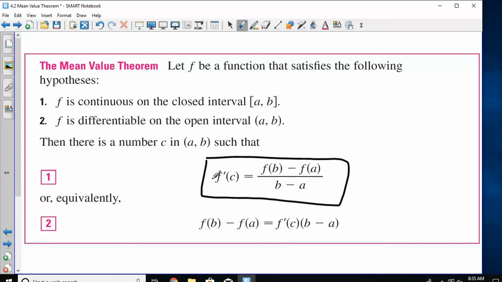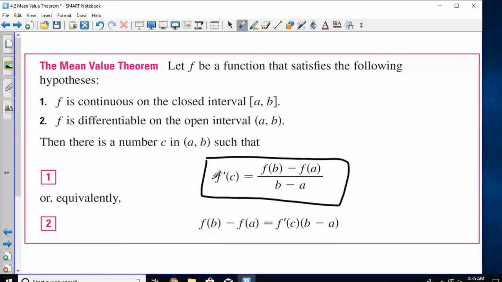It's saying that somewhere the derivative will equal, you guys know what this represents? This is like y2 minus y1 over x2 minus x1. This is the slope. So what this one says is that somewhere it'll equal the slope between the endpoints.